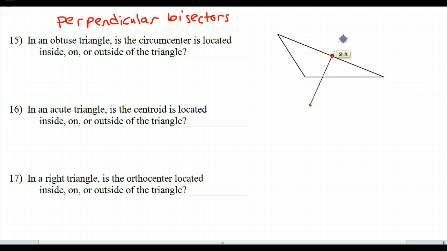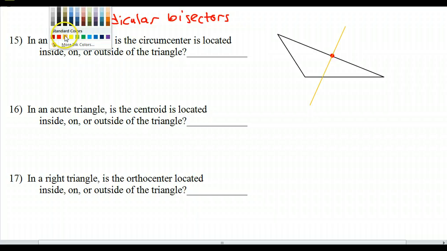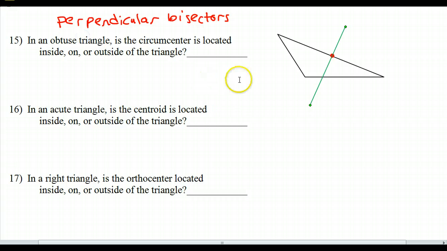All right, I'm going to stretch these out a little bit so it's more clear. Let's make these green today. So this would be an example of a perpendicular bisector. Okay, see it's perpendicular, and I'm trying to make it so that these are congruent, so that's a bisector.